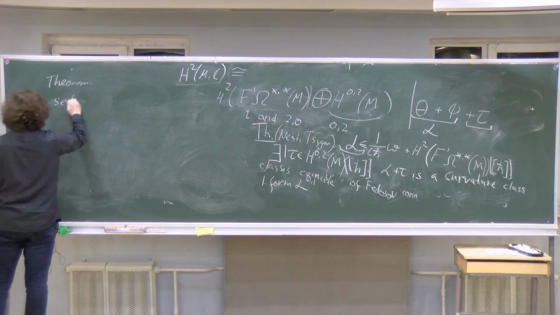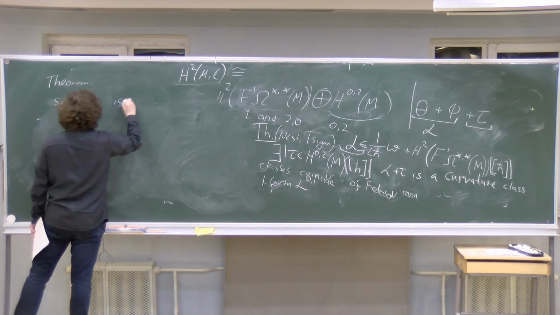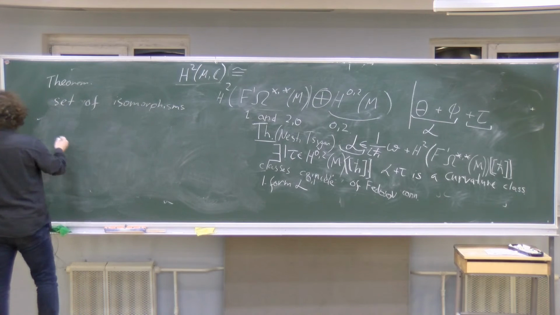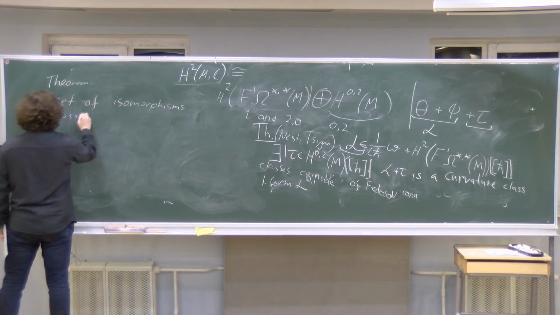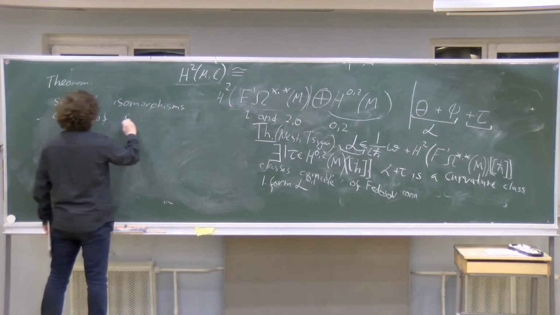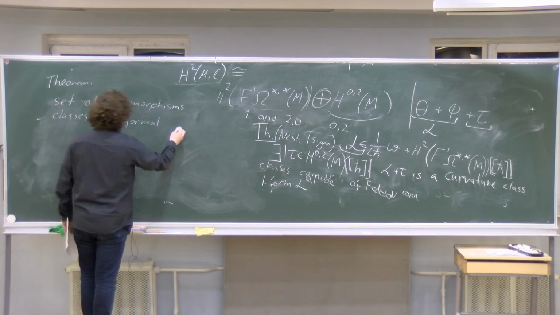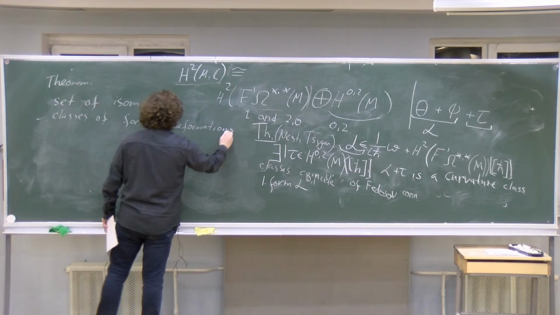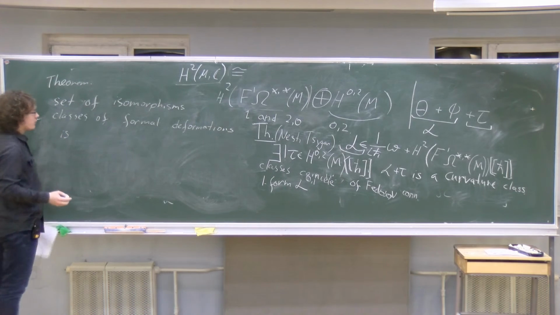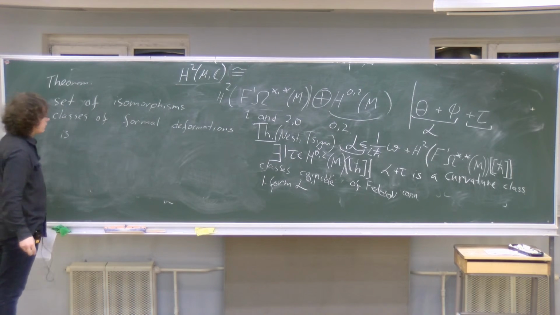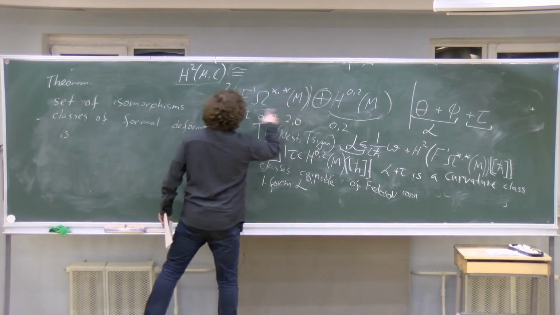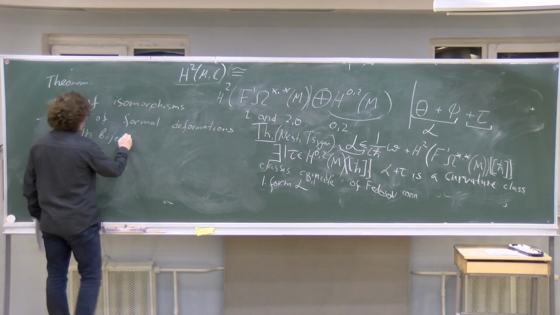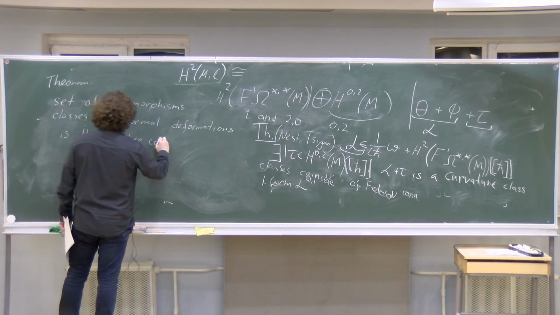So, the set of isomorphism classes of formal deformations, just like I have said, depends only on this part, so it is in bijective correspondence. That's a formal deformation, a formal holomorphic deformation.